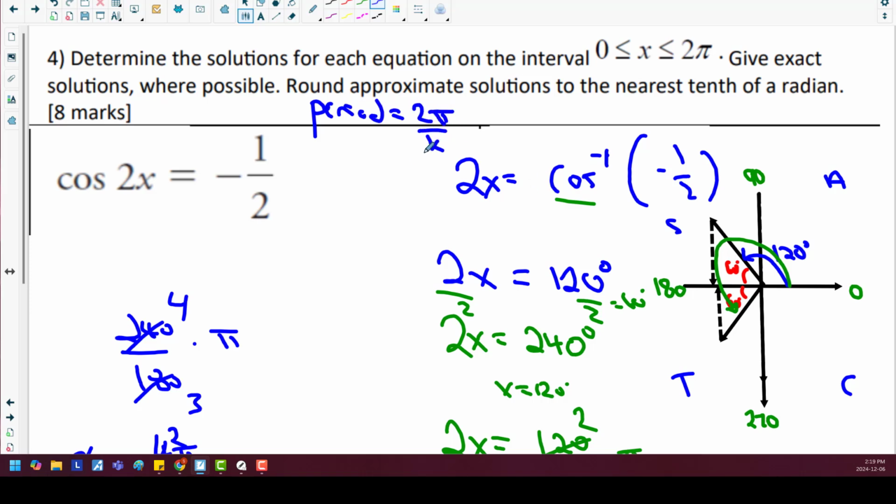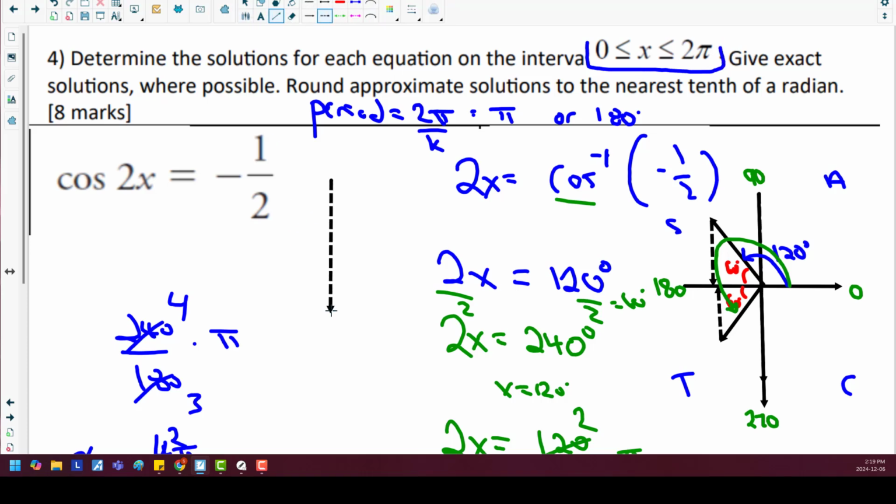And since k is 2, period is going to be pi. Or if you're dealing with degrees, 360 divided by 2, which is 180 degrees. That means this specific function will have 2 repetitions or 2 cycles within a span from 0 to 2 pi.